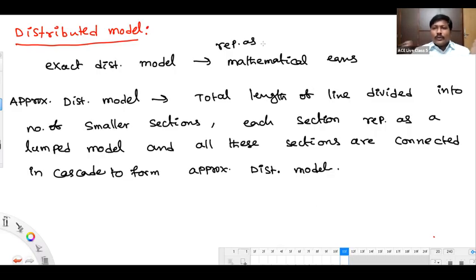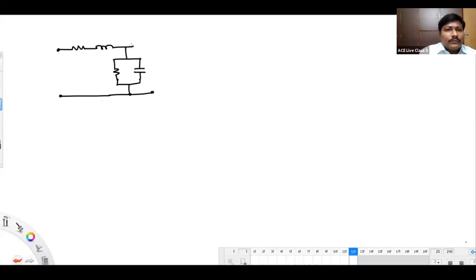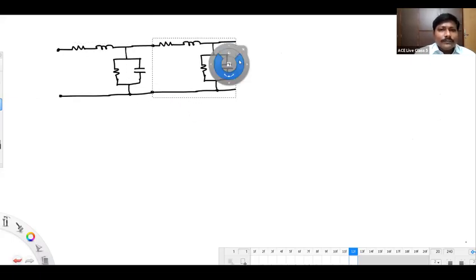So now I'll try to show that model in the next slide. Approximate distributed model. Yeah, see this. It's the first section I'm showing, RLCG, first section. Like that, we have a number of sections to be connected in cascade.